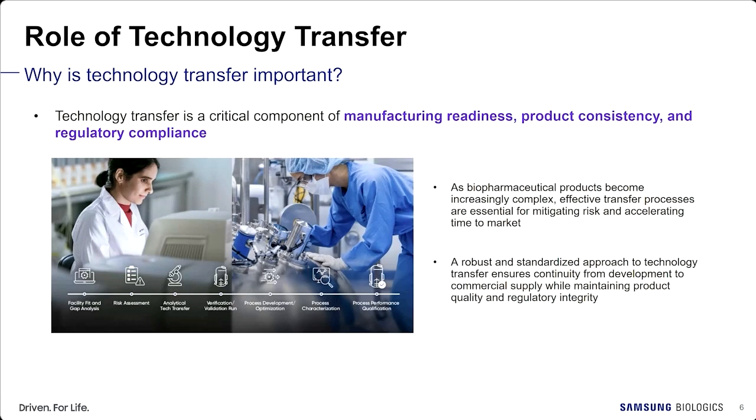It is essential for mitigating risk and accelerating time to market through an effective transfer process. A robust and standardized approach to technology transfer ensures continuity from development to commercial supply while maintaining product quality and regulatory integrity.